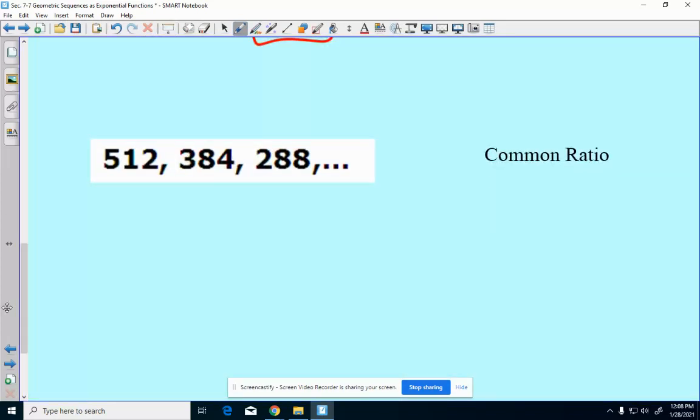All right, last one. Is that a geometric sequence? Do you have it in decimal form right now?